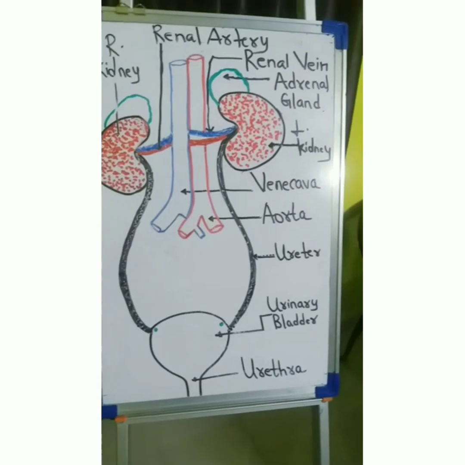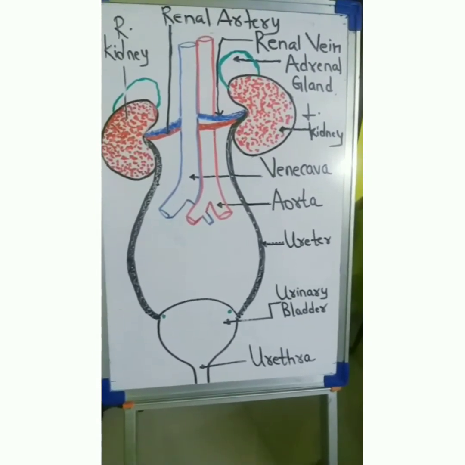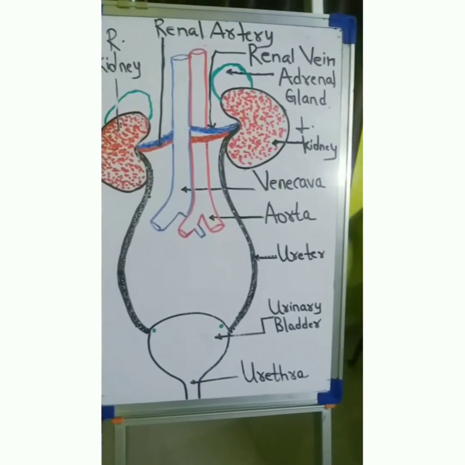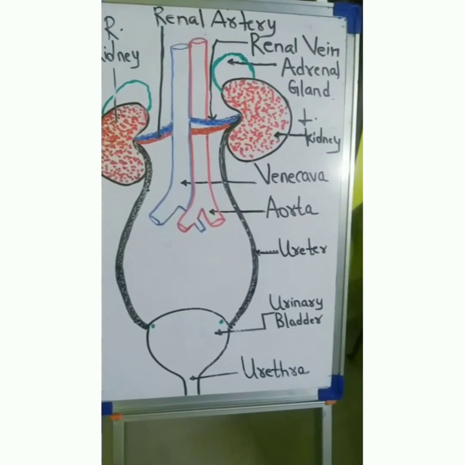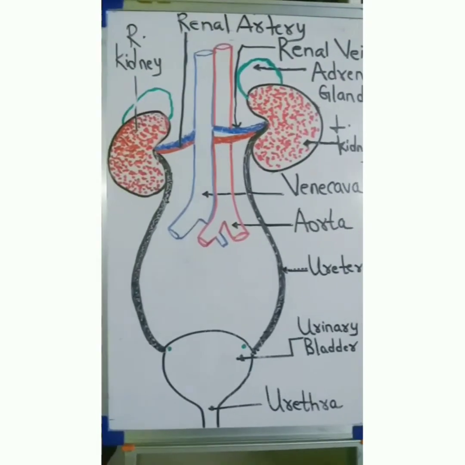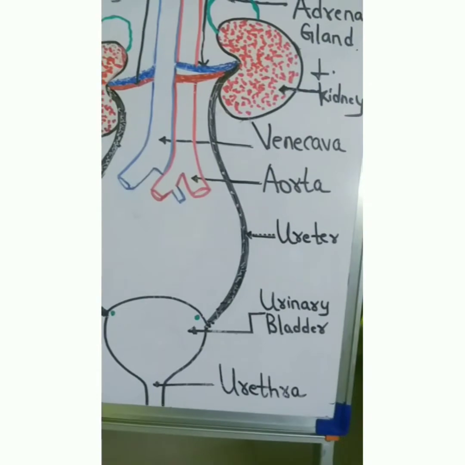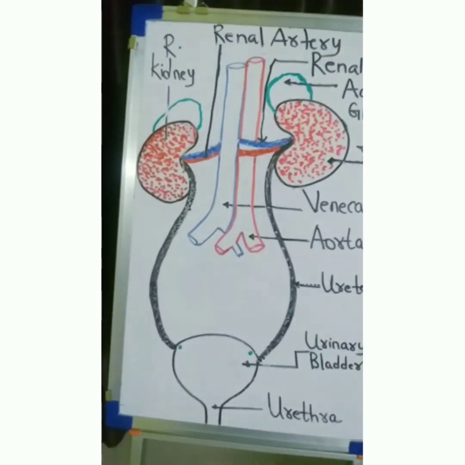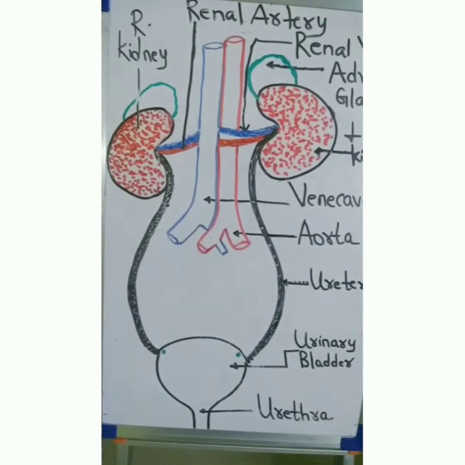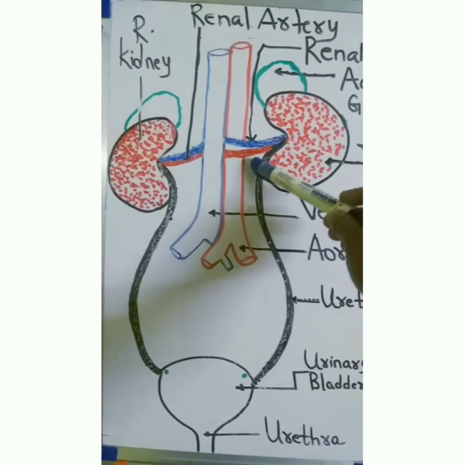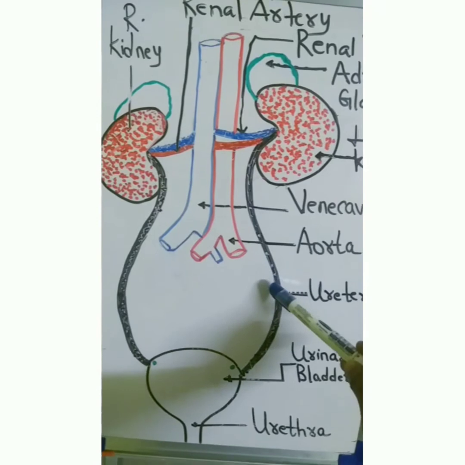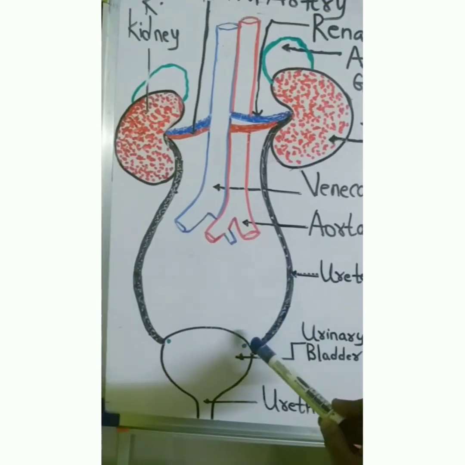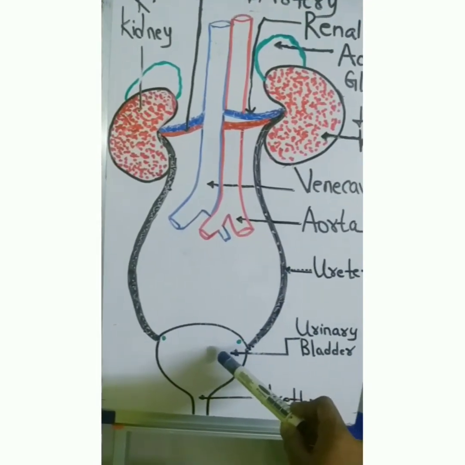Now whatever filtration and purification takes place happens within the kidney, and after that the unwanted material is removed in the form of urine, and it gets collected into the ureter. Through the ureter, it enters into the urinary bladder.